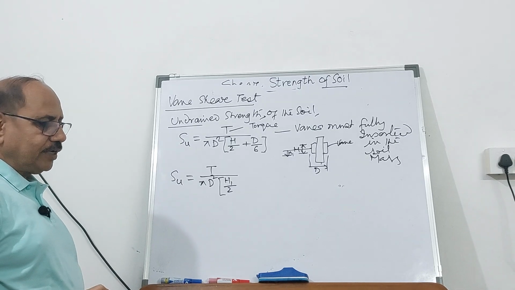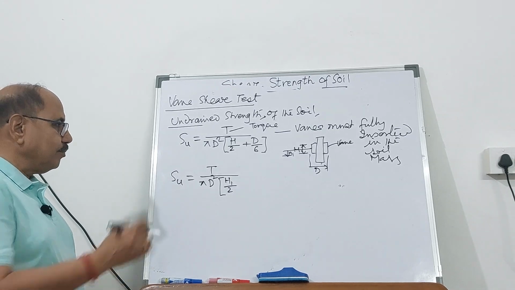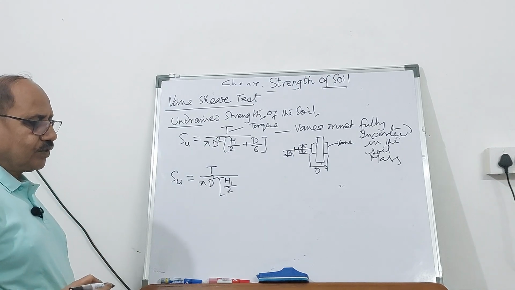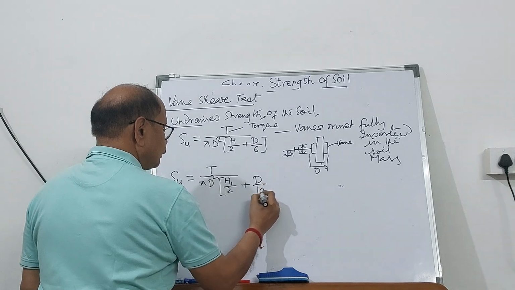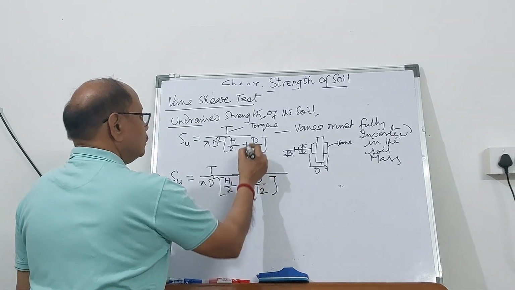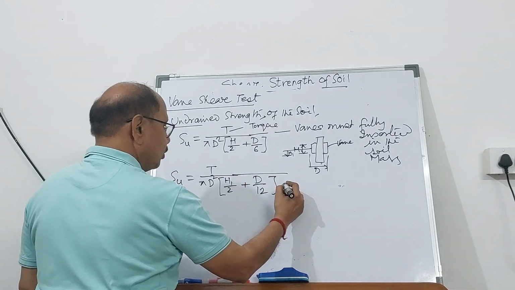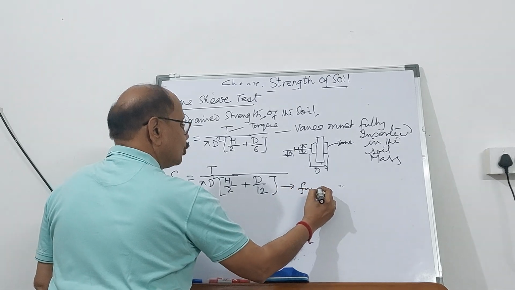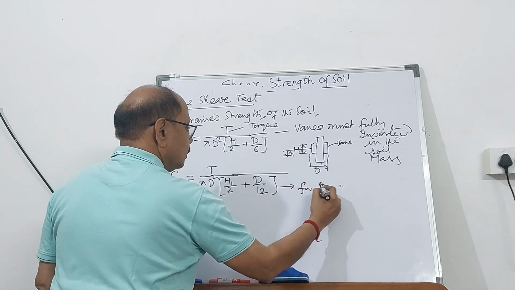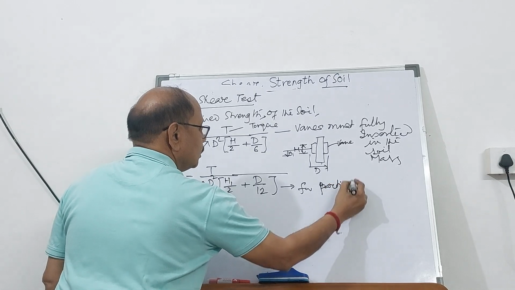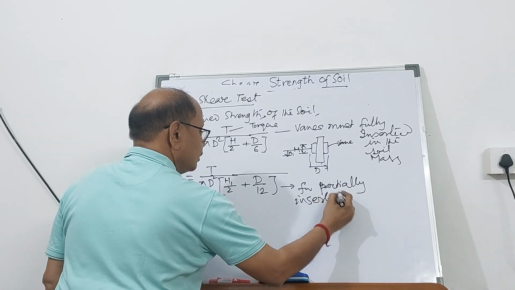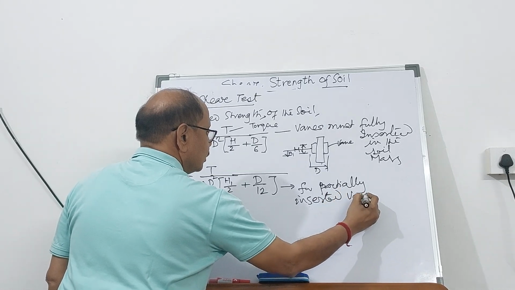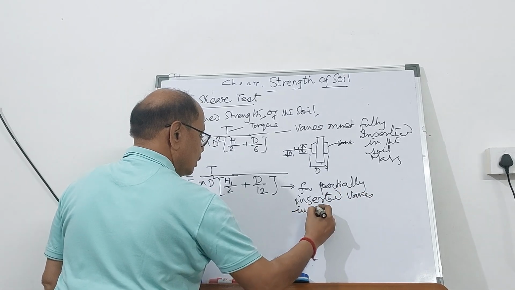So you should be able to measure it, and then plus d by 12. So this is for partially inserted vanes in the soil mass.